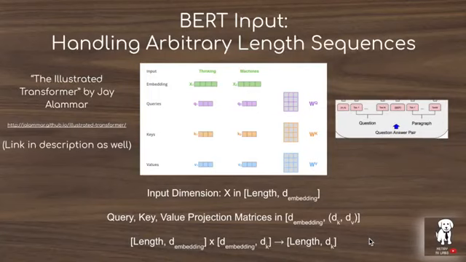One of the biggest questions I had when reading this paper was about how BERT would handle arbitrary length sequences, or really how transformers in general would handle arbitrary length sequences. So for the example of question answering, you might have these massive paragraphs. They can definitely be variable length with respect to the paragraphs that are inputted to the transformer. So one option could be to have a fixed length for sentences A and B, and then just zero pad the paragraphs or questions that are shorter than that fixed length.